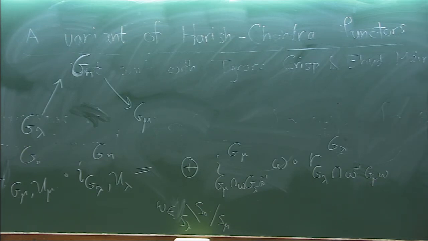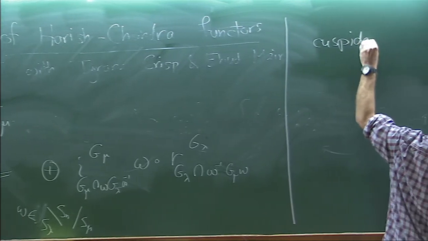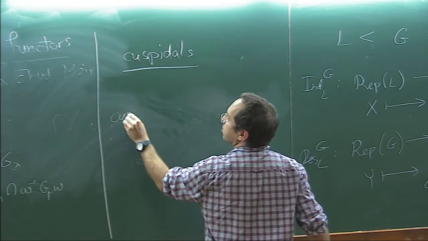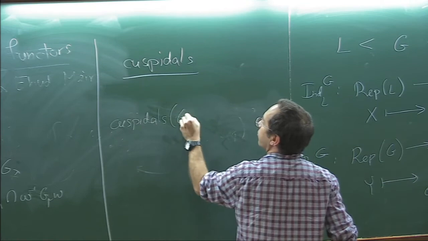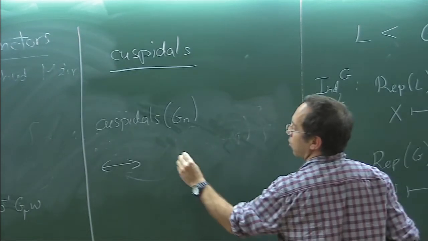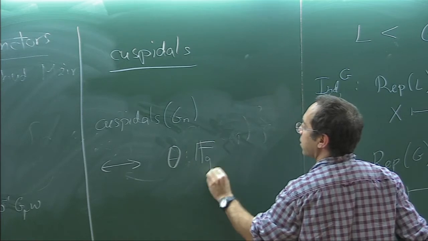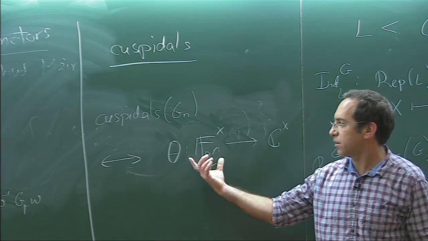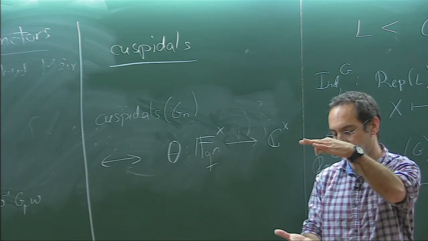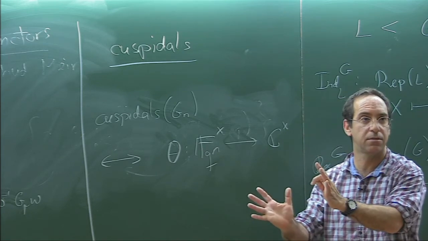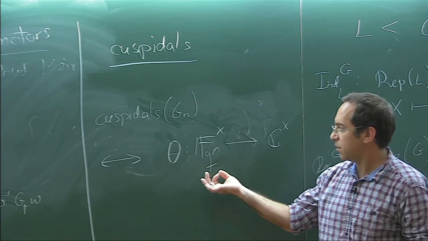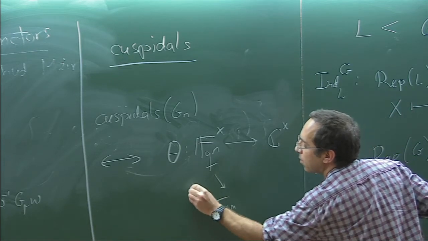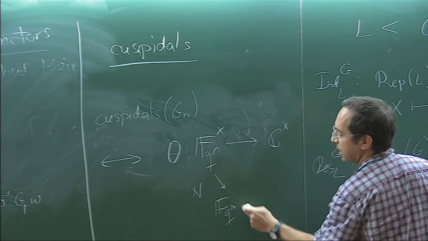So the cuspidals, so those that you cannot construct in this way, they are in bijection. So let's say the cuspidals of Gn, they are in bijection with characters of F_q^n star, sort of characters of the highest field extension that you can squeeze inside GL_n, but special characters, those that do not factor through the norm map from F_q^n to F_q^m, where m divides n.